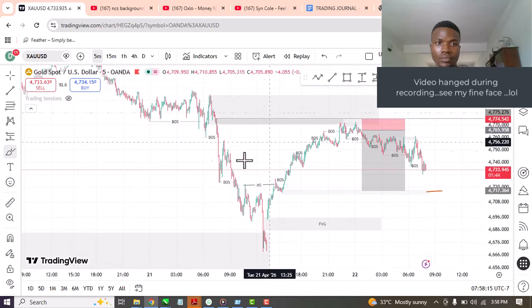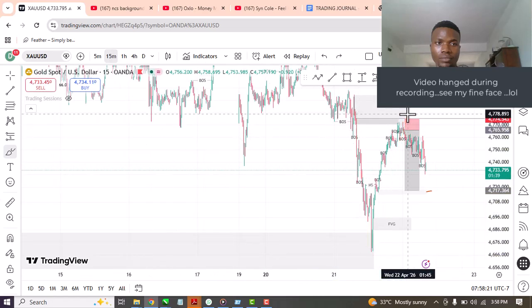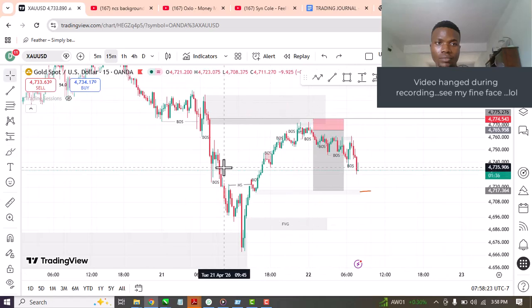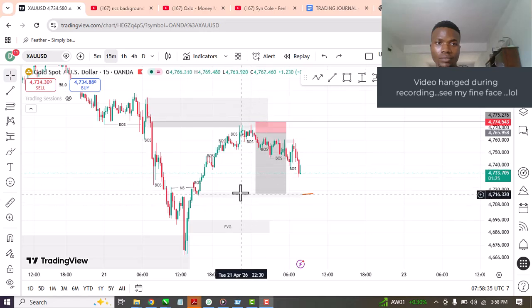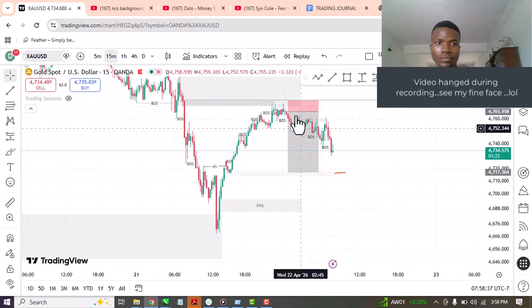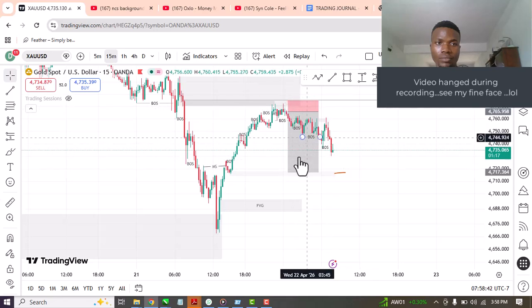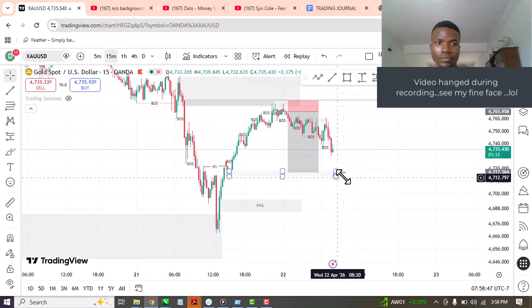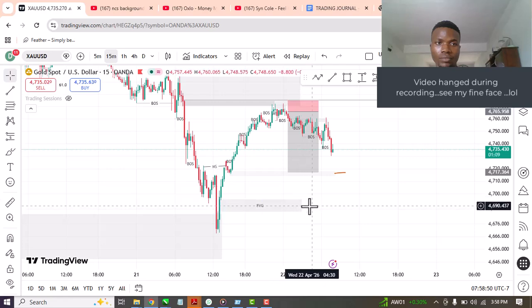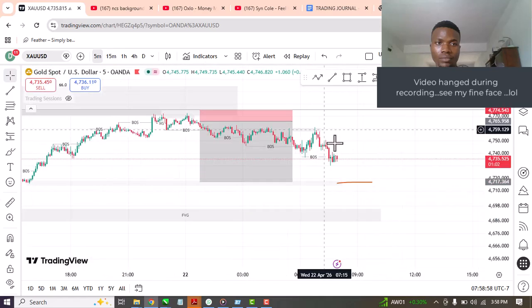I told you that price has already shifted from selling to buying, so we are supposed to be looking to buy this trade. But before I buy, I am taking advantage of this sell trade. So if price gets to this level or these fair value gaps, this is where I am going to look out for my buy opportunity as well. And that is very simple.